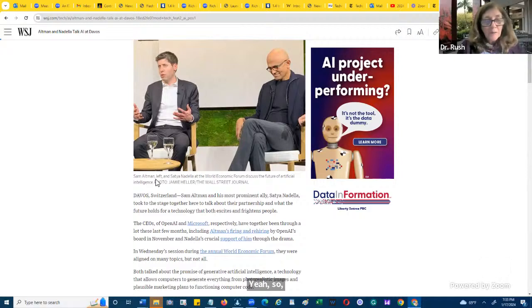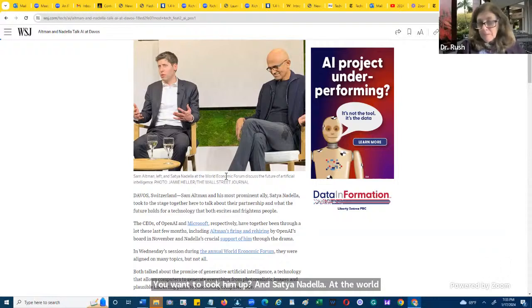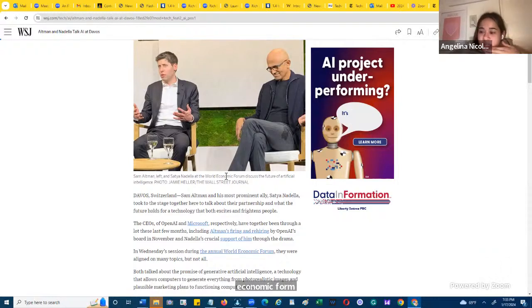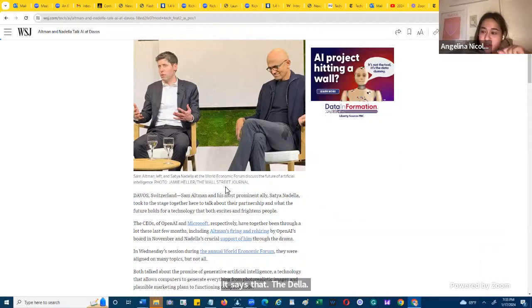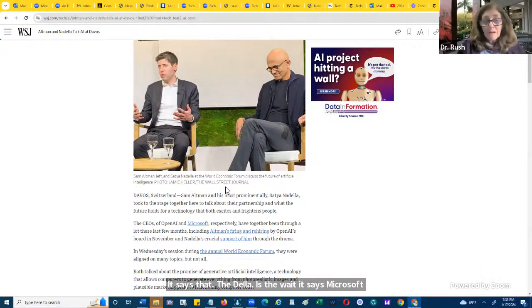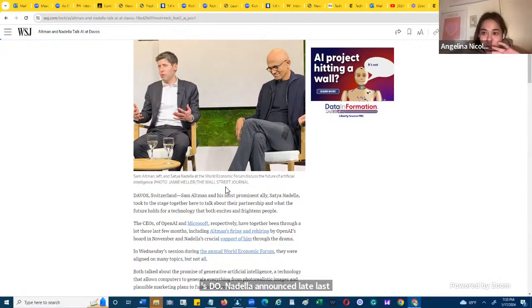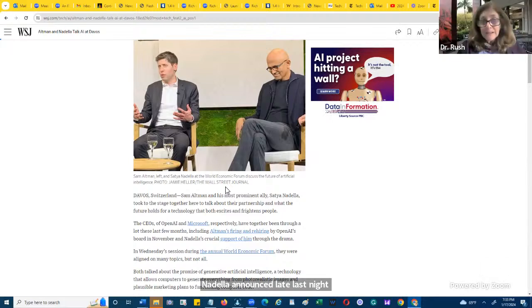Sam Altman, and Satya Nadella at the World Economic Forum. It says Microsoft CEO Nadella announced late last night. So Satya Nadella is a very rich man today. He was rich before, but he's even more so.